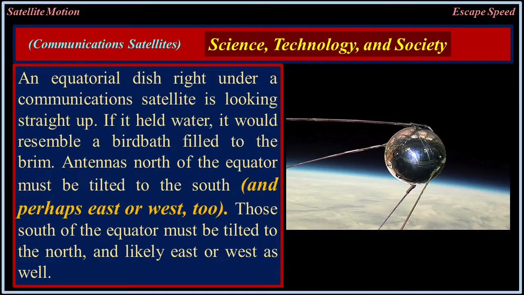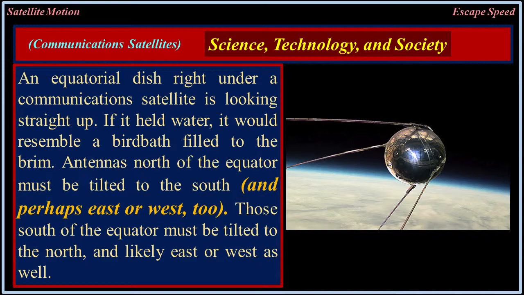An equatorial dish right under the communication satellite is looking straight up. It would hold water, resembling a bird bath filled to the brim. Antennas north of the equator must be tilted to the south and perhaps east or west too.